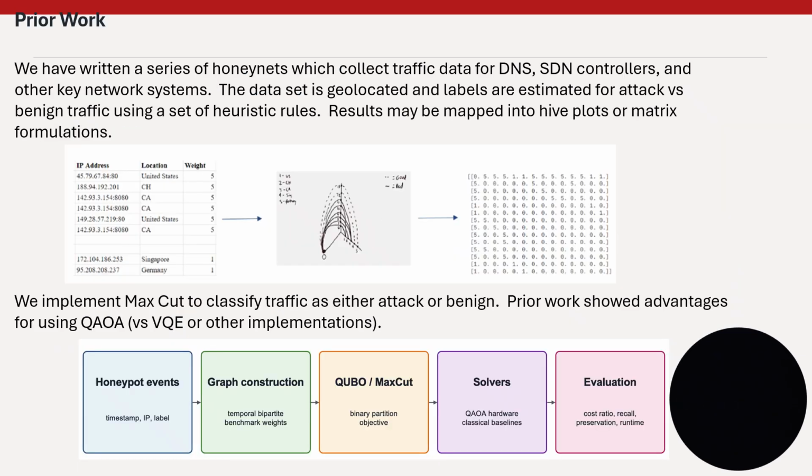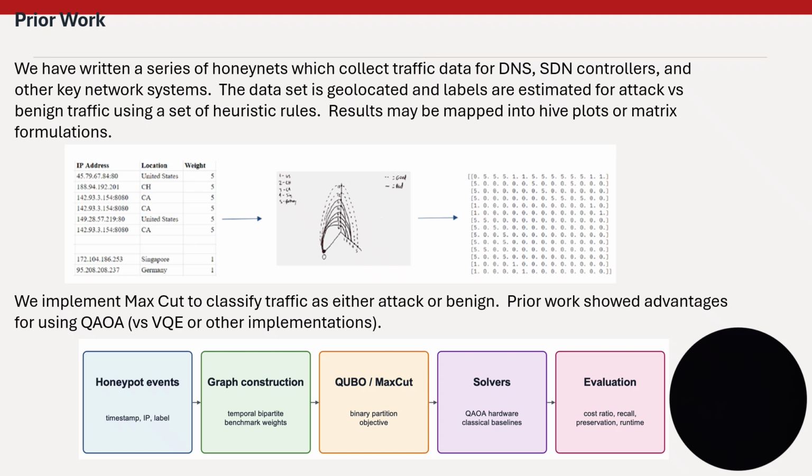Now, in our prior work, we've looked at a series of honeypots for SDN controllers, DNS, and so forth, all of which collect data off the live internet. That data set is geolocated. We can then partition denial of service traffic and DDoS traffic versus non-attack traffic, and map those results into hive plots or matrix formulations as shown here.